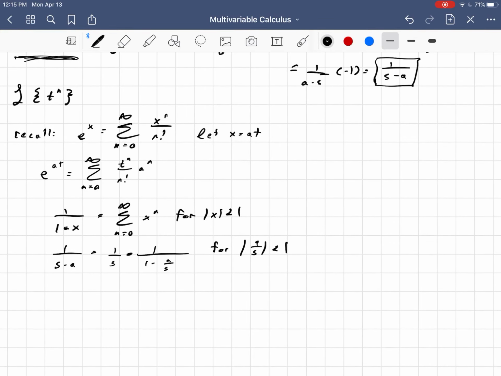And of course, for the absolute value of a over s less than 1.